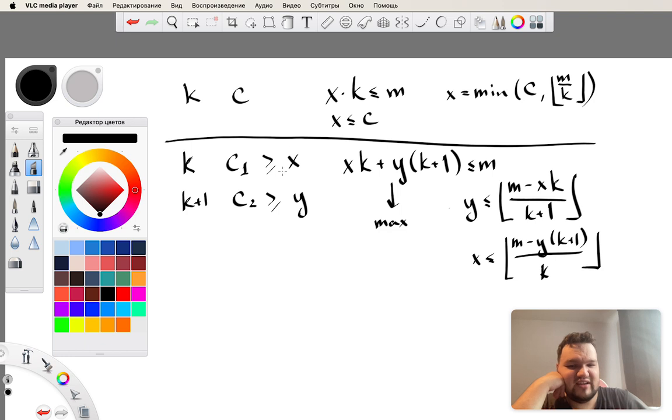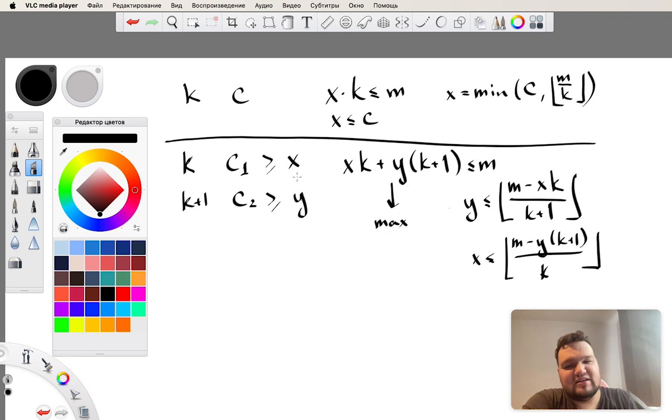We can try x equal to c1 or y equal to c2 and just update the answer while trying that. If x is not c1 and y is not c2, then we also know that x and y should be strictly greater than 0, otherwise we already considered it when we consider just taking one type, right?